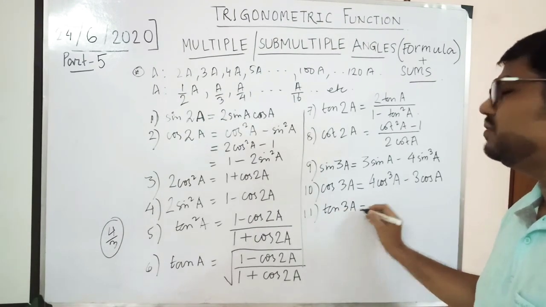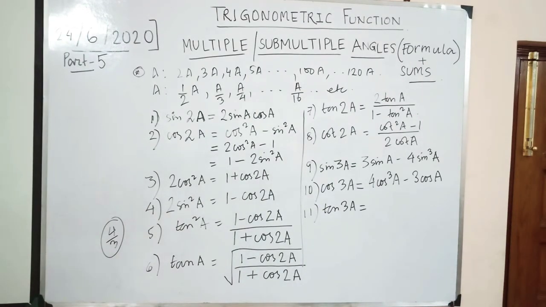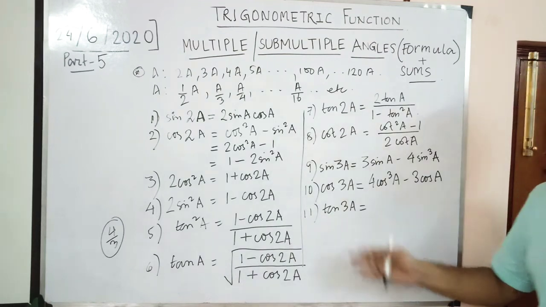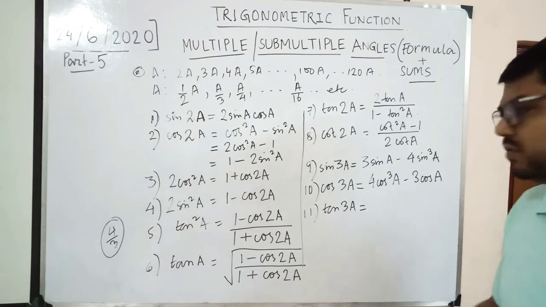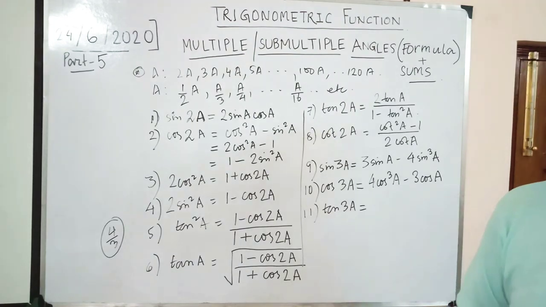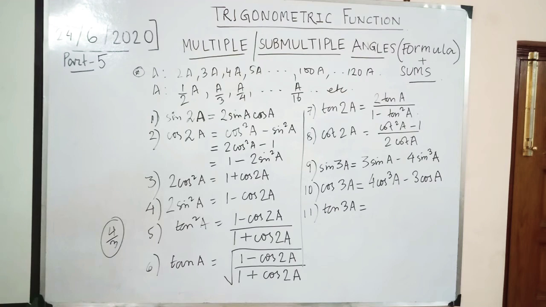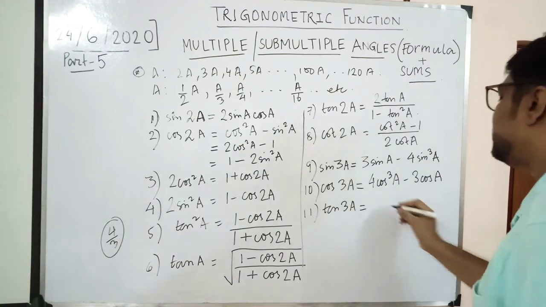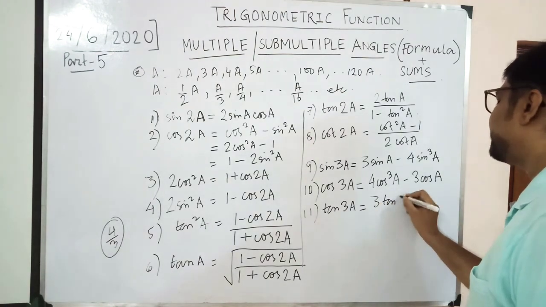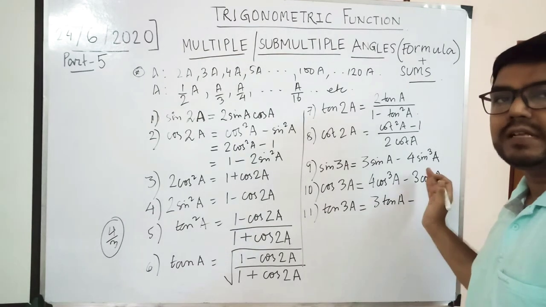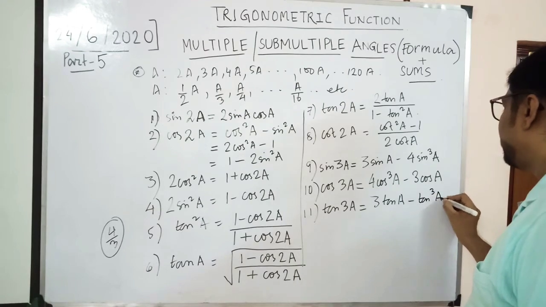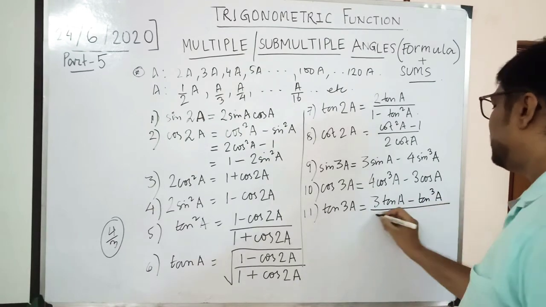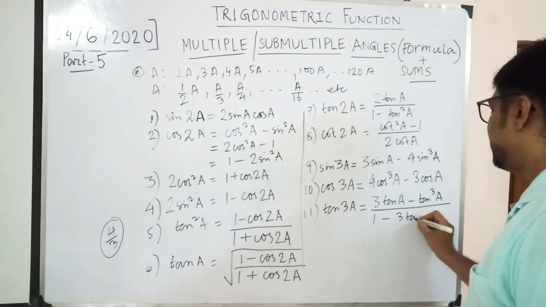Tan 3A uses the biggest formula, which is tan of A plus B plus C. Open the chart of compound angles, you will find tan A plus tan B plus tan C, where B and C are replaced with A. So you write tan A plus tan A plus tan A. Here you will get 3 tan A minus tan A tan B tan C. All of this will be tan A, so tan cube A, whole divided by 1 minus 3 tan square A.